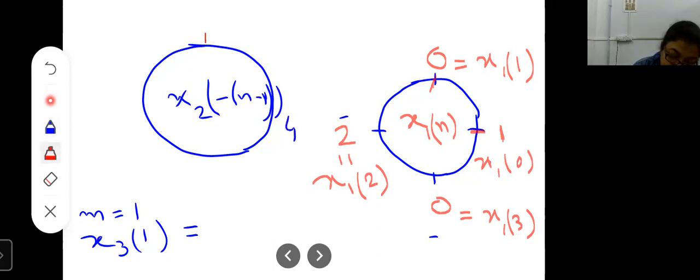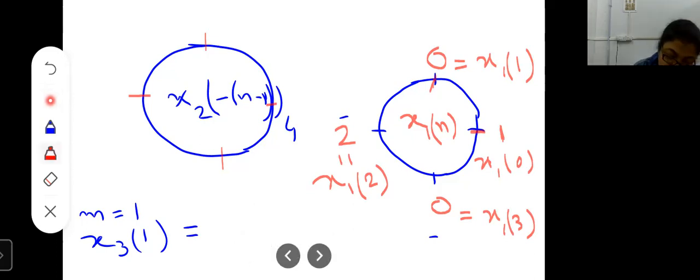Now choose the value again. So already you have to shift by 1 unit. Initially the value was x2[0] here, but that value will be shifted by 1 unit. So here we can shift it.